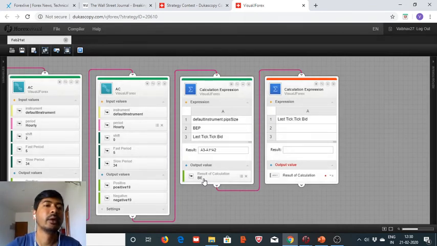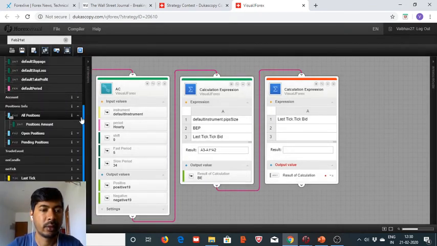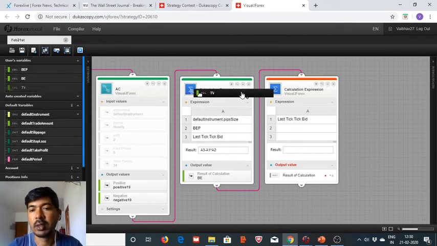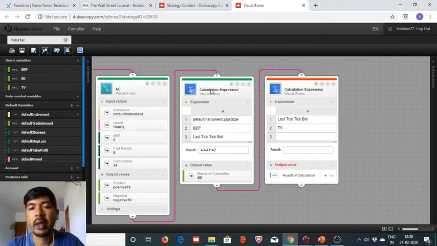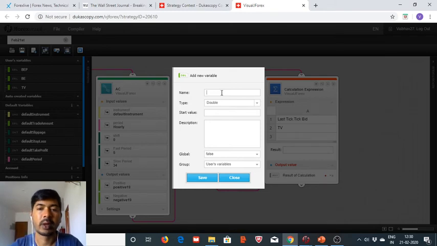Got it. Now we bring in that variable here, which we have just created. So TV is here, and we create one more variable. It can be anything, it can be 1, 2. Now this is not actually required, we could have gone without it, but let's make it.